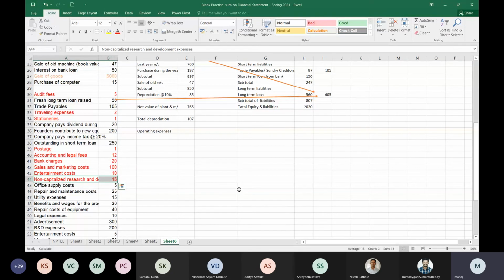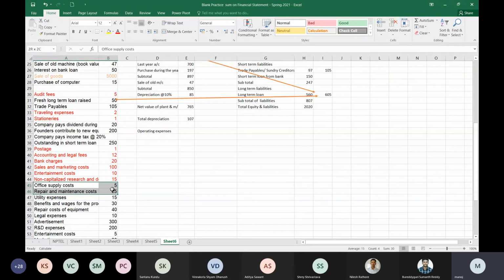You don't want to show that. That is why whenever there are major R&D expenses or advertisement expenses, preliminary, pre-operative or anything like that, this can be capitalized. It is your prerogative to do. You can jolly well do that without asking anybody. So this non-capitalized research and development expenses will be shown as operating expenses.